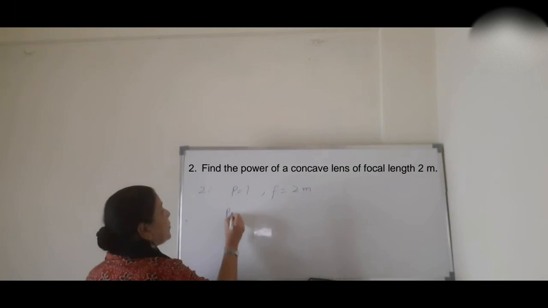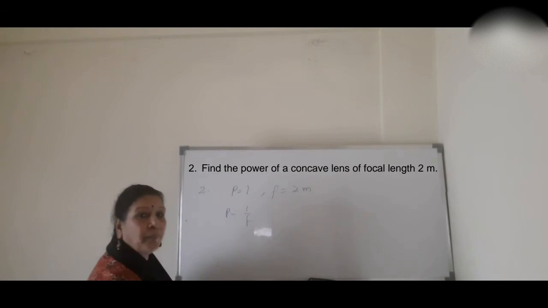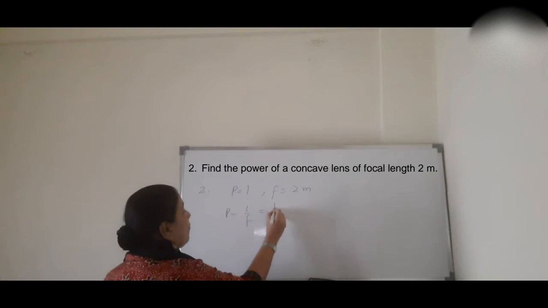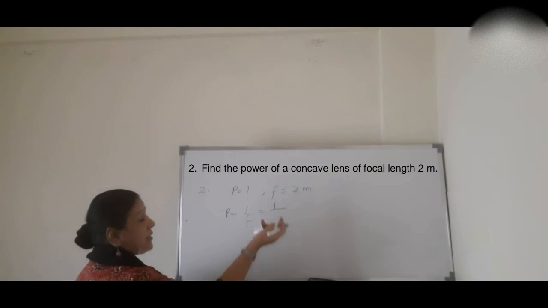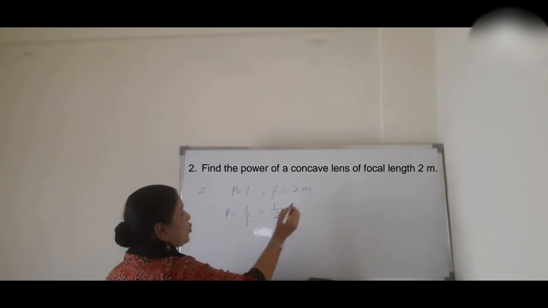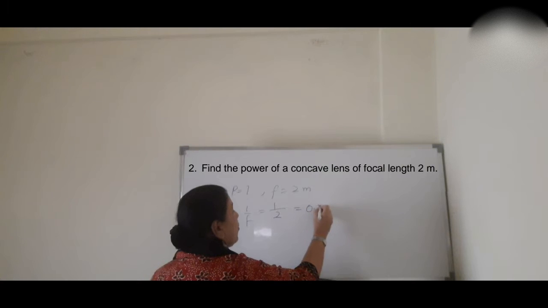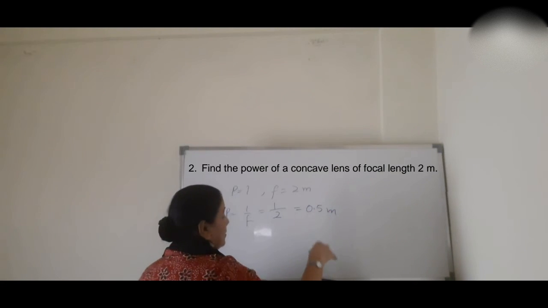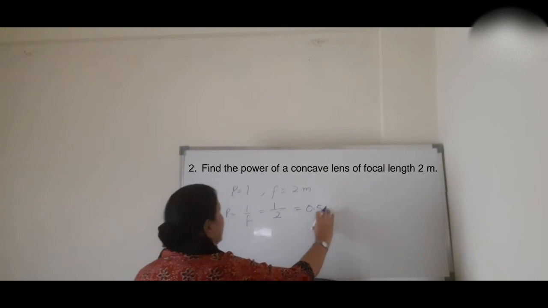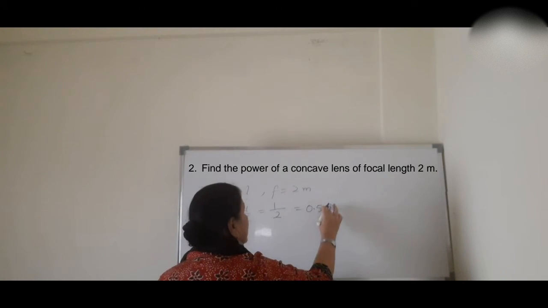So we know P is equal to 1 upon F. If it is in meters, then it is 1 upon 2, which is 0.5. Power is in dioptre, so 0.5 D.